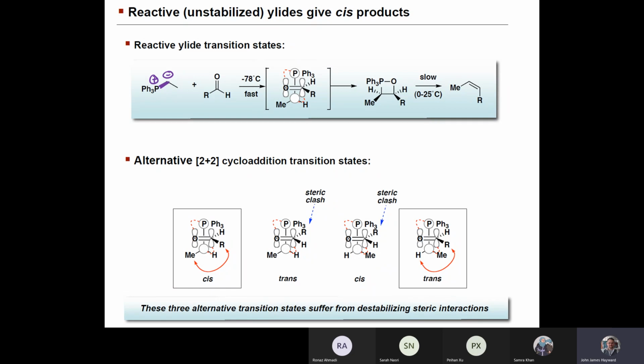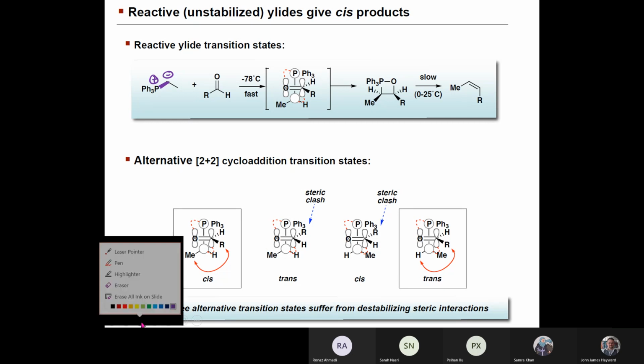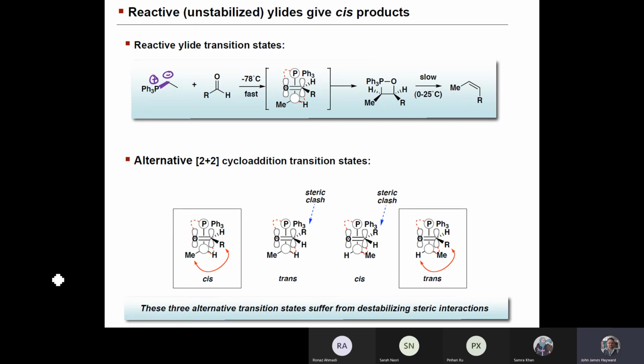Now, first of all, I am going to use a white pen to get rid of this phenyl, and I'm going to use a black pen to draw in the phenyl groups there.